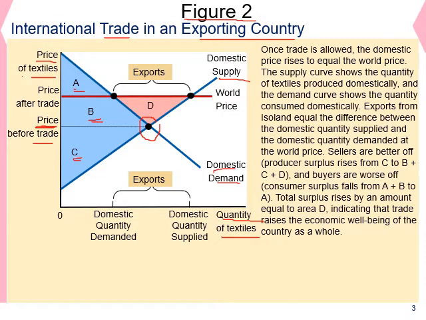So with trade, the world price is above the domestic price. Because the world price is above the domestic price, domestic producers will start increasing production. The domestic quantity supplied will increase, which is greater than the domestic quantity demanded.